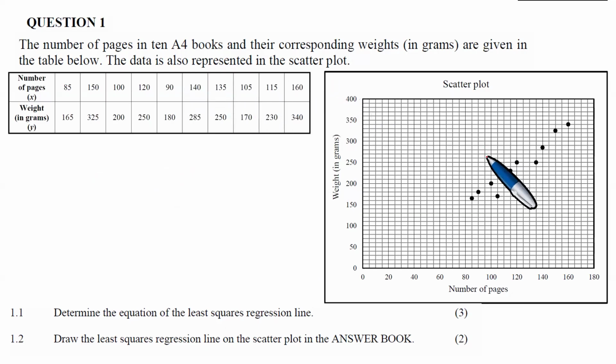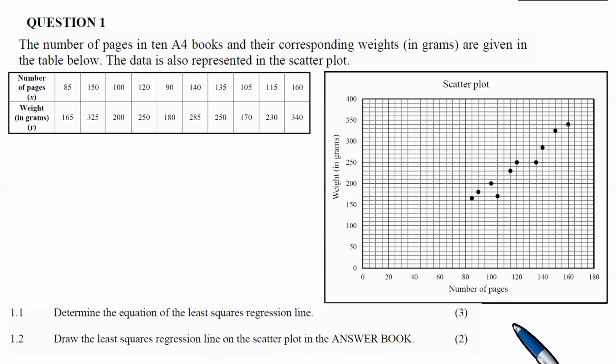Determine the equation of the least squares regression line, 3 marks.